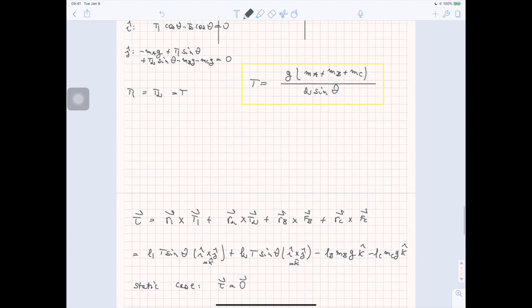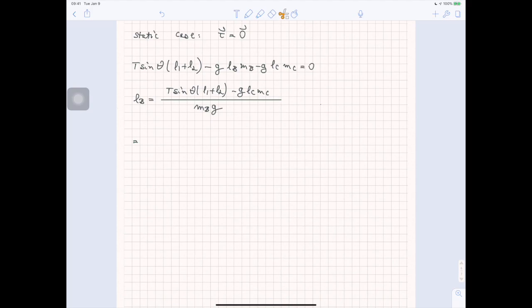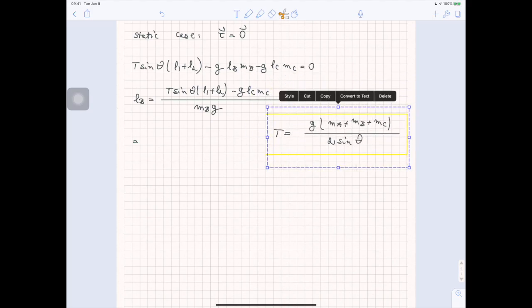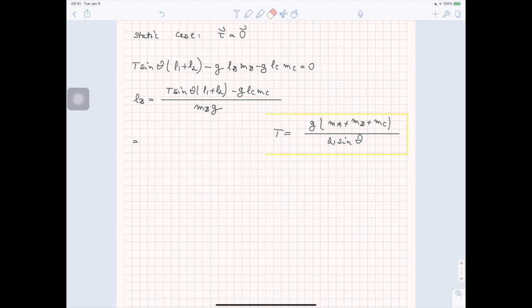Let me just rewrite this expression here, so it's a little bit easier to see. So we need this expression right now. Let's insert this back into here. You see that this sine theta against this sine theta term cancels out.